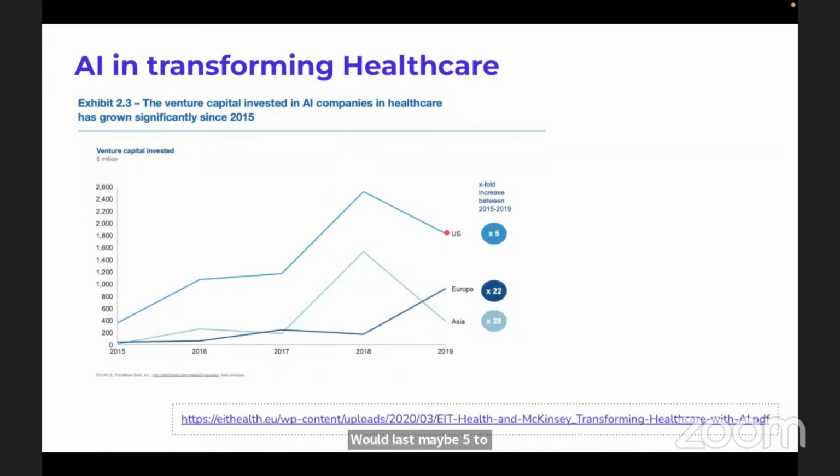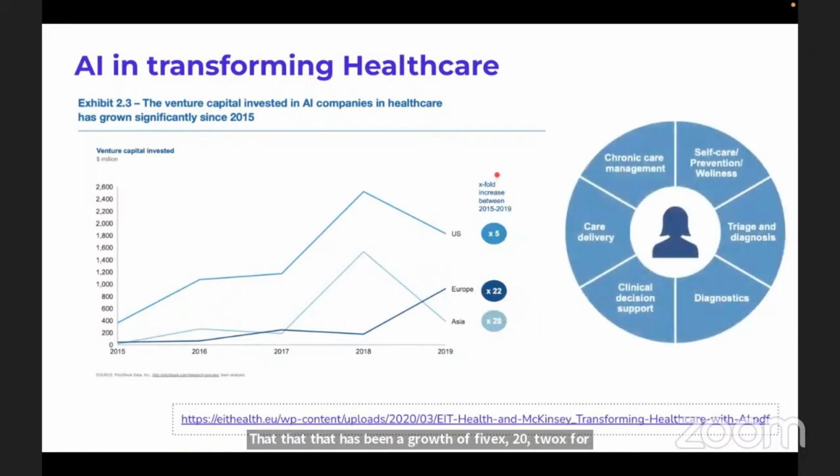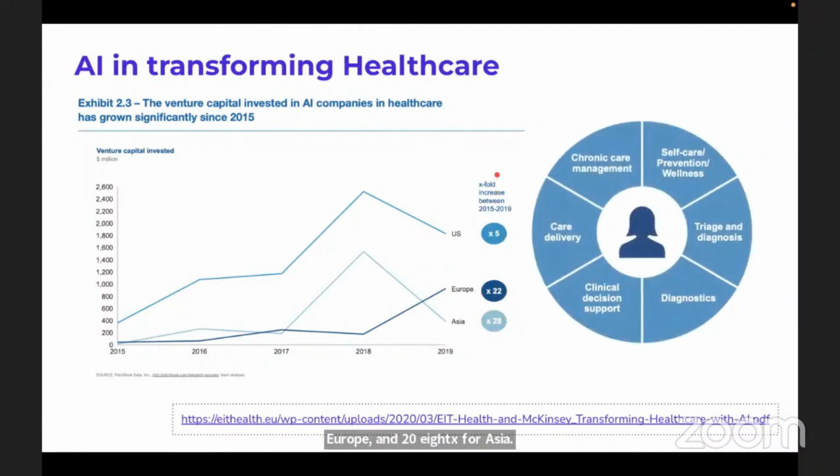You see there are three regions, US, Europe, and Asia, and this is the venture capital amount invested, and you can see the growth. The growth is actually tremendous. Between these 4 years, there has been a growth of 5x for the US, 22x for Europe, and 28x for Asia. So the growth is going to be massive in the healthcare domain.